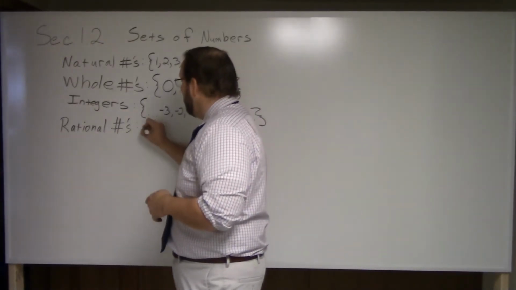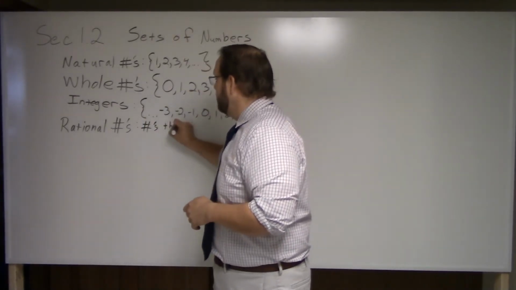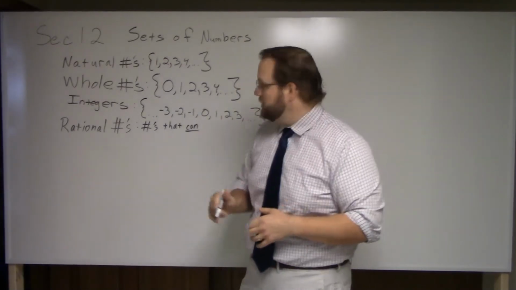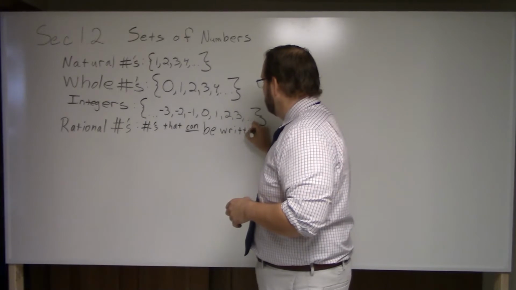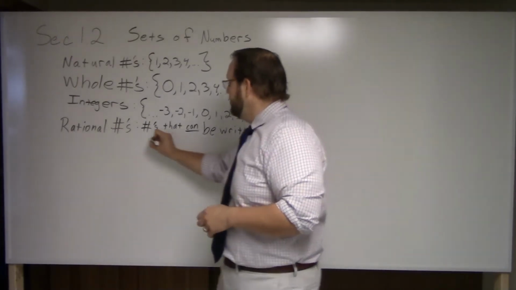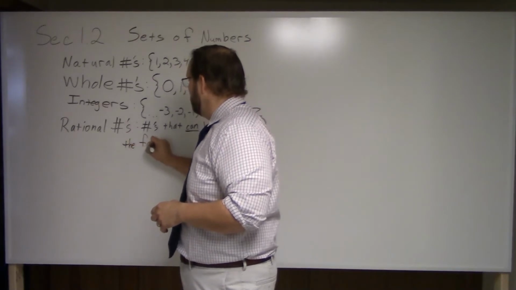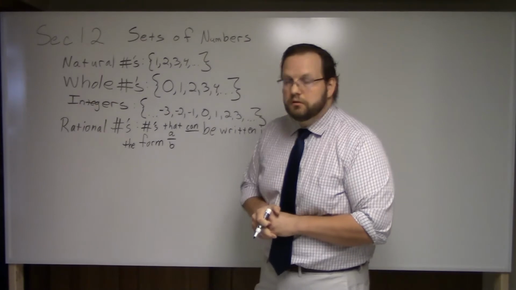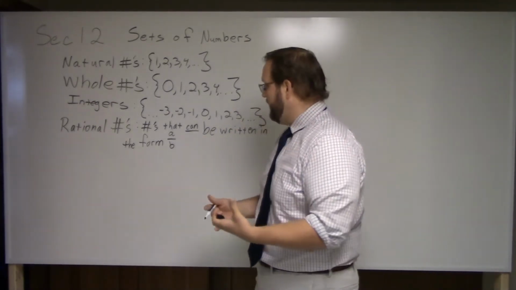Rational numbers are numbers that can, I'm going to underline can, be written in the form A over B. Okay. Now, A over B, there's your fraction, so they can be written as a fraction.